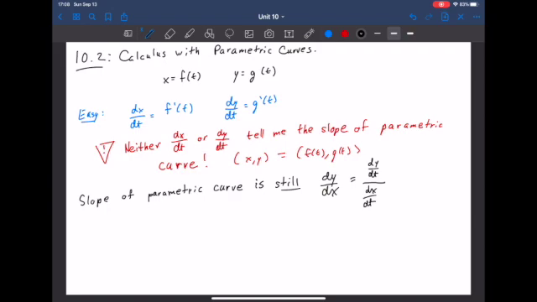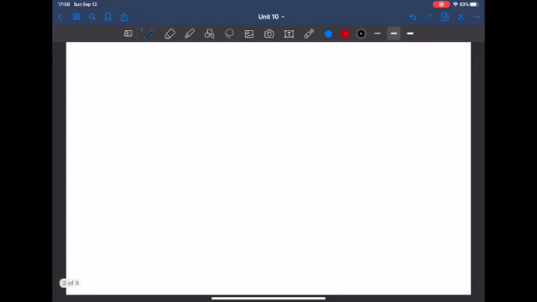So, for instance, let's do an example. If I had x equals secant of t, y equals tangent of t, let's say someone asked me to find the equation of the tangent line at t equals pi over 4.